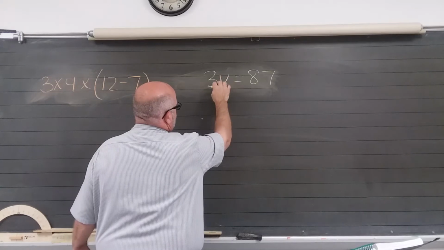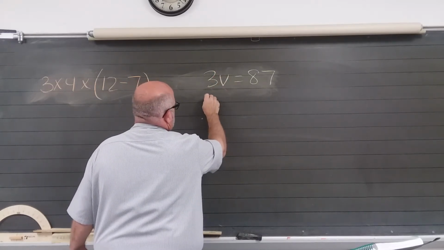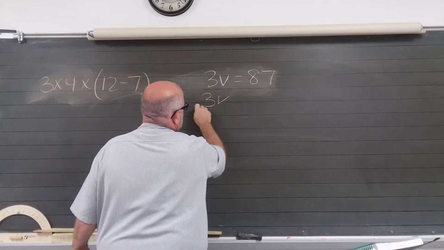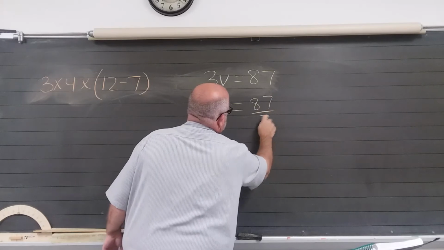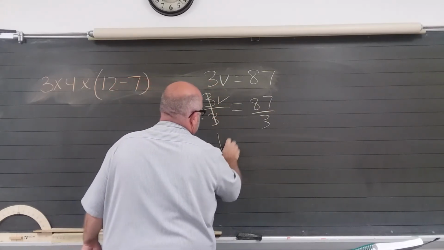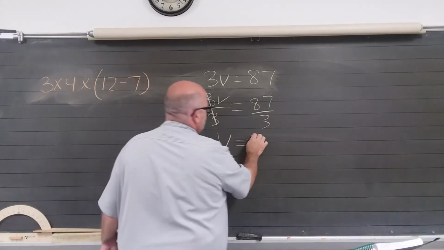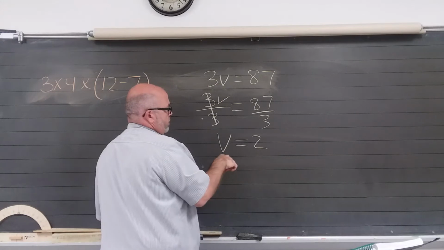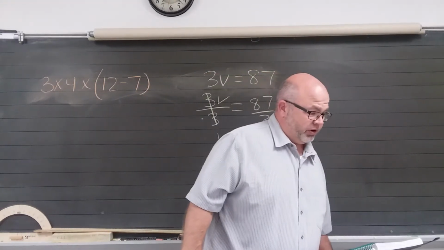You want to get rid of as much as you can. 3v divided by 3 equals 87 divided by 3, right? That gets rid of the 3's. So all you have left is v equals, what is 87 divided by 3? 3 into 8 is 2, 29. V equals 29 for number 1.